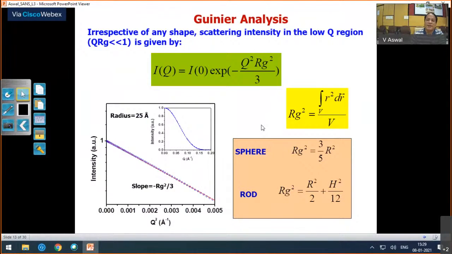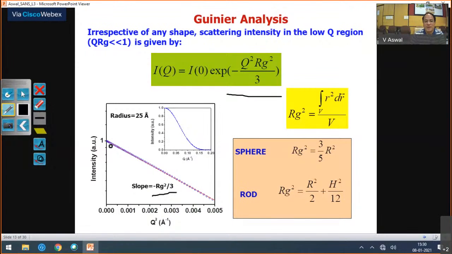This method tells that irrespective of the shape of the particles, you plot a curve where the slope will be given by Rg squared over 3, and by knowing the slope you can get the value of the radius of gyration.